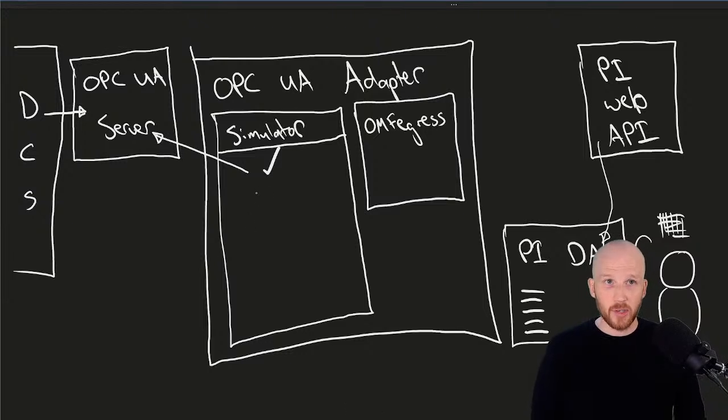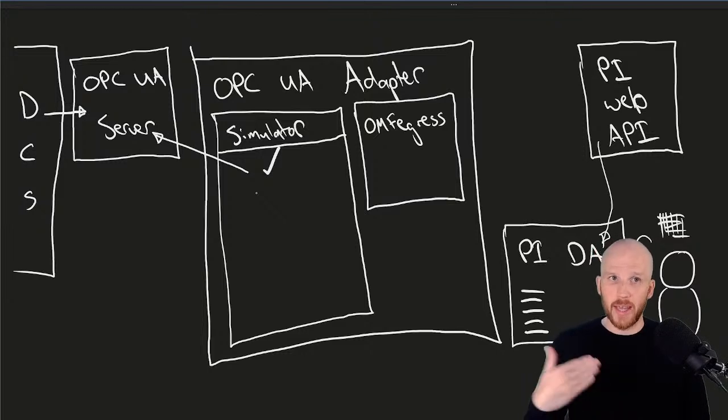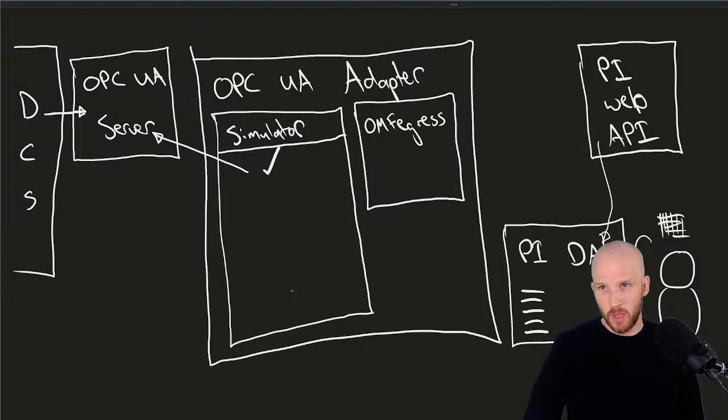Now, adapters are not like interfaces. You don't create the tags for adapters. Adapters will create their own tags. So the tags are actually configured on the adapter itself. We're going to do this using discoveries.